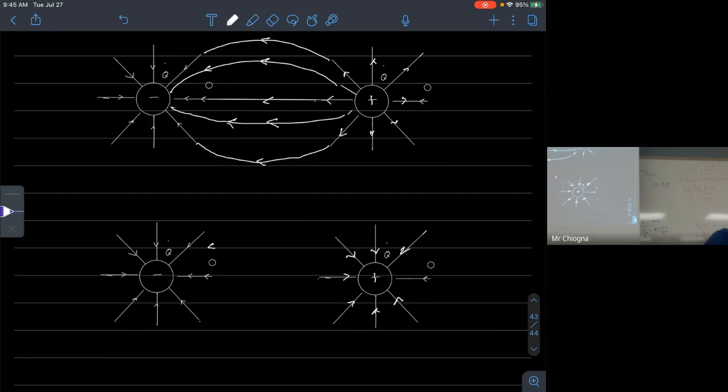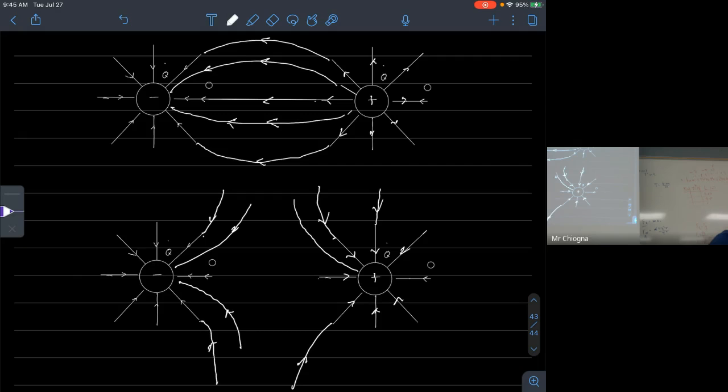And they would repel each other. I'm going to draw in more field lines here. They would repel each other as shown by these field lines.